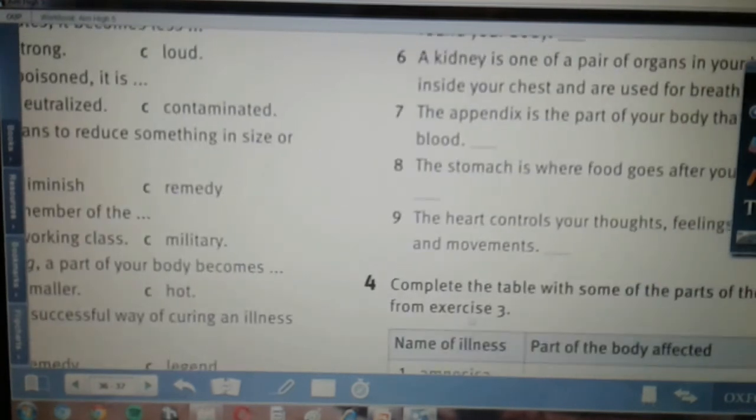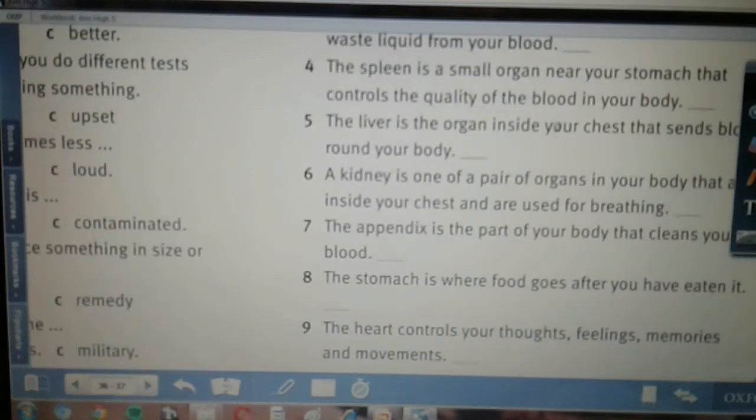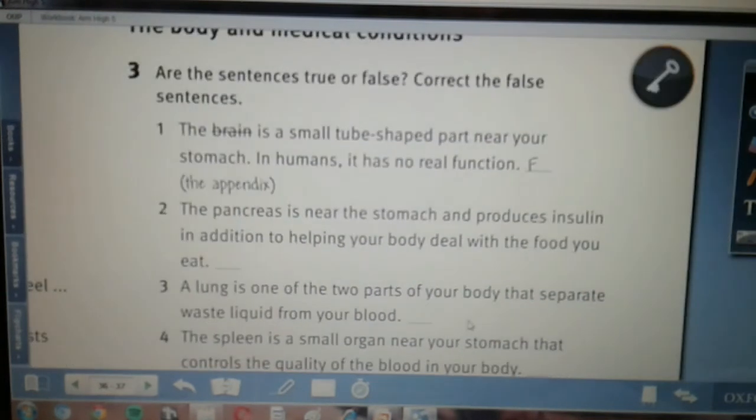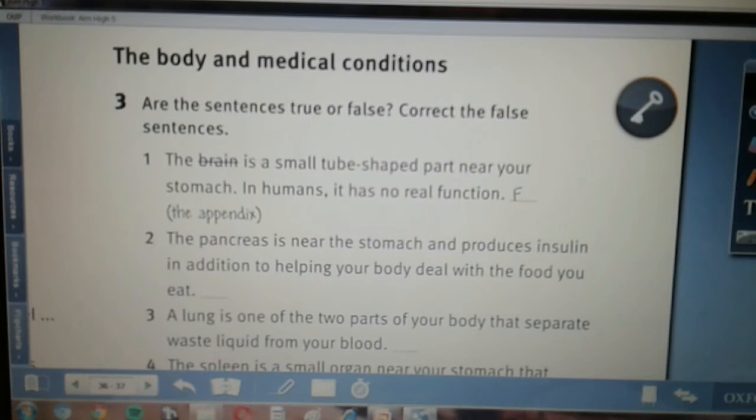Okay? After that, please do the third part, which talk about the body part. Part 3, you have to find out whether the sentences below are true or false. And please correct the false sentences. Like number 1. The brain is a small tube-shaped part near your stomach. In humans, it has no real function.